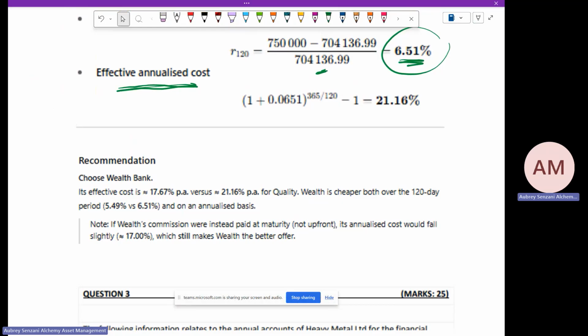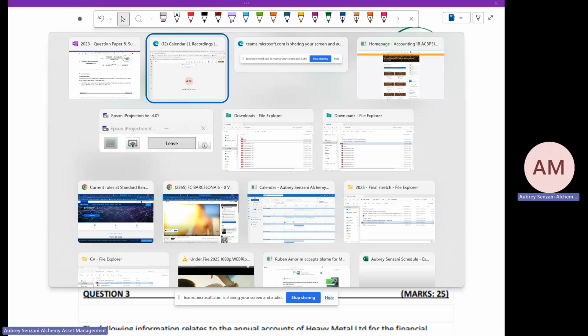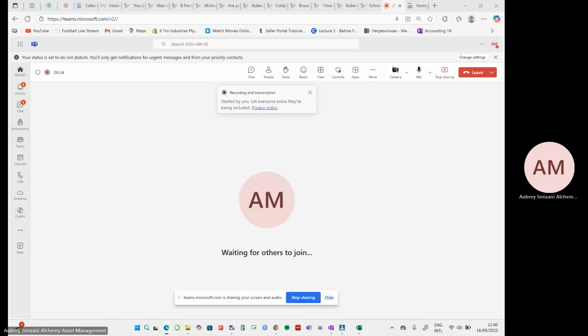Oh, 2023 paper. Okay. Then it shouldn't be there. It's good. At least we've done learning unit 5, so it's fine. Yes. It's part of learning unit 5, isn't it?